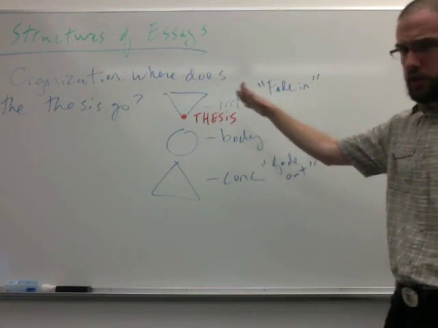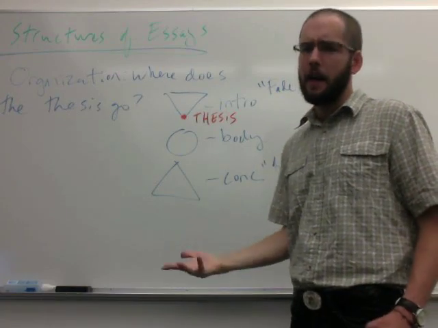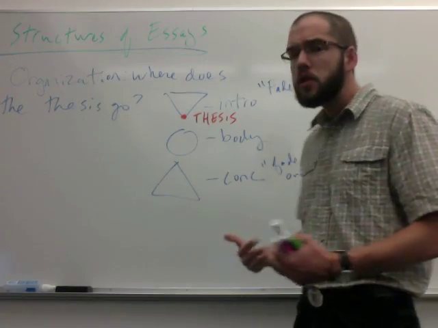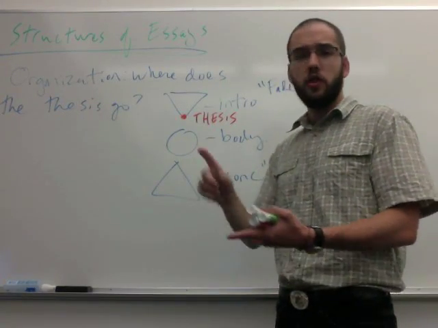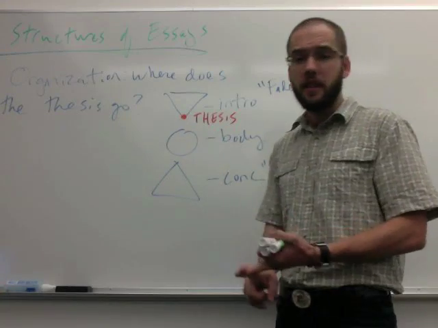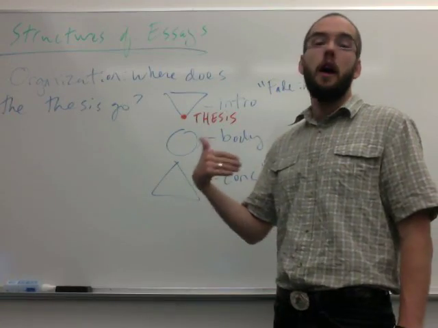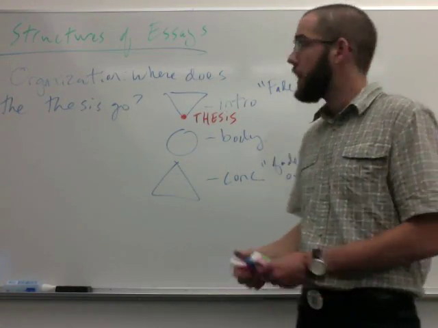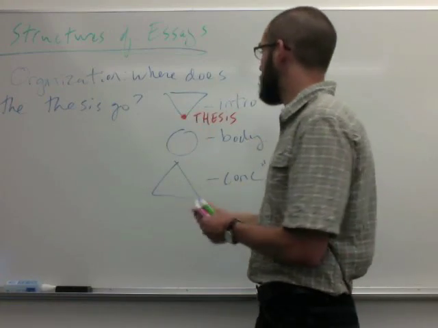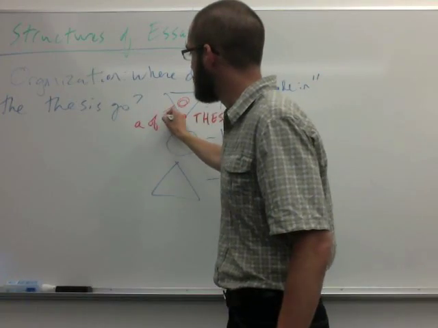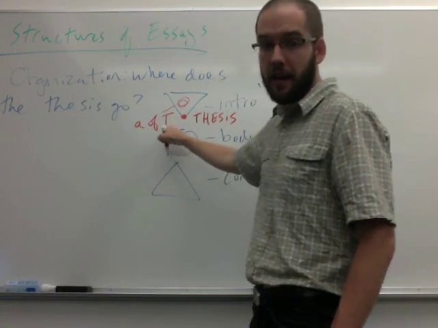Somewhere else in the introduction, you need to address the text. I talk about this in the 10 Commandments of Strong Essay Writing. Whenever you're responding to a text, whether it's Shakespeare's Hamlet or J.K. Rowling's Harry Potter, you need to say the novel Harry Potter by J.K. Rowling. And you need to do that somewhere in the intro, somewhere before the thesis. I always say A of T, address the text.